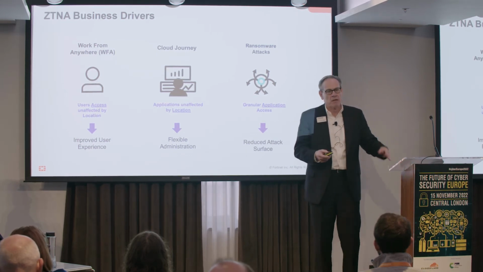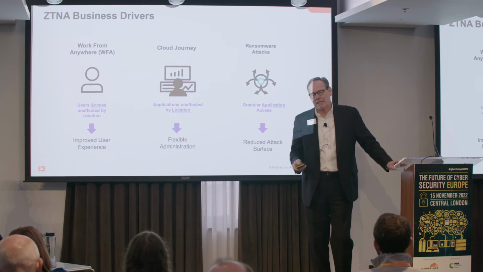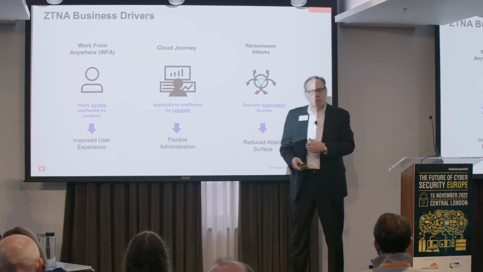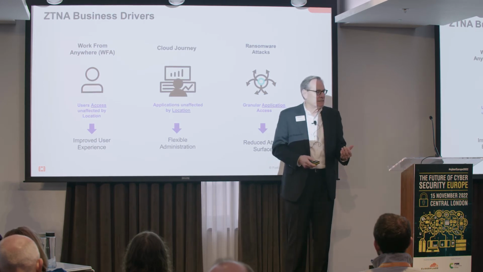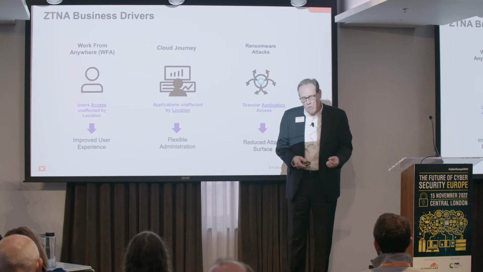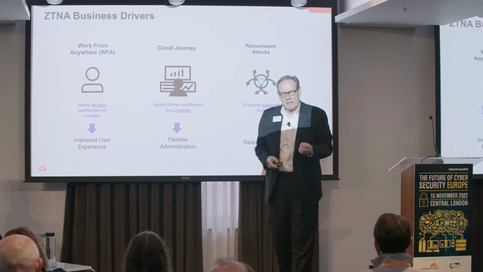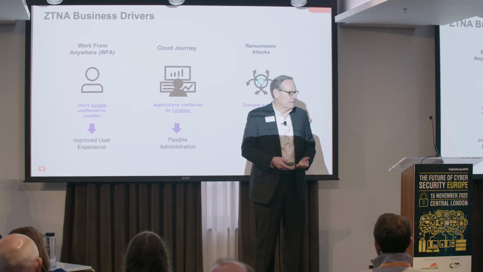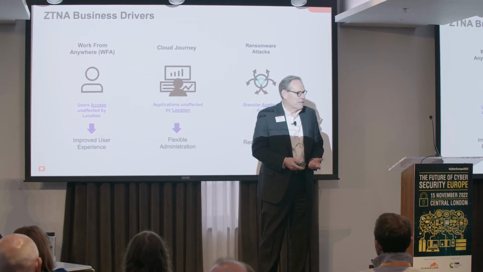Certainly the work from home to where we are today, a hybrid working model of working from anywhere. The cloud will always be with us. Unfortunately, so will the threats that go about it. So this is what's really driving it. The question is, how do you get it? How do you do it? How do you implement it?